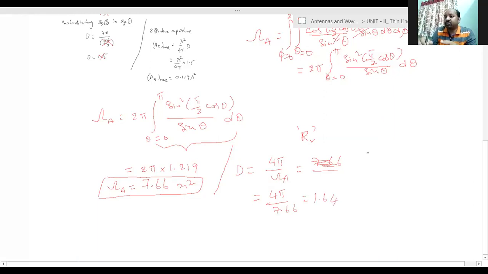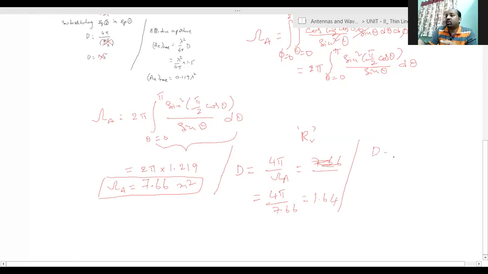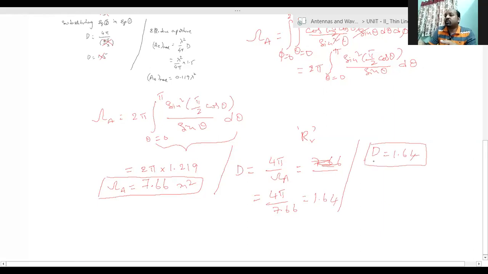So therefore the directivity of a half wave dipole is 1.64. What is the directivity of a short dipole? The directivity of a short dipole is 1.5, whereas the directivity of a half wave dipole is 1.64.